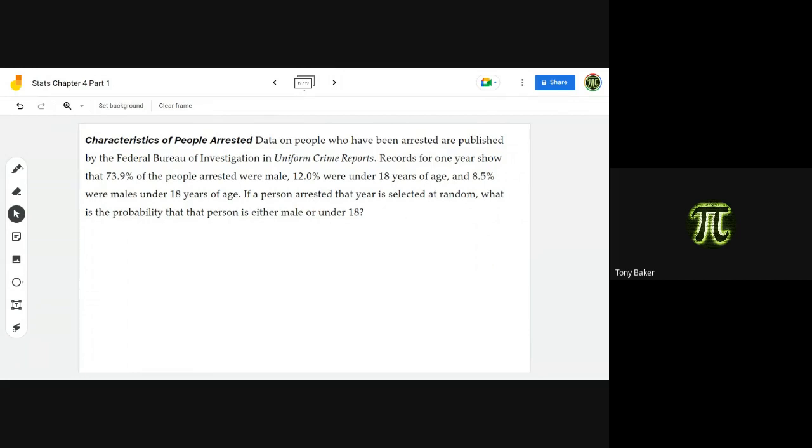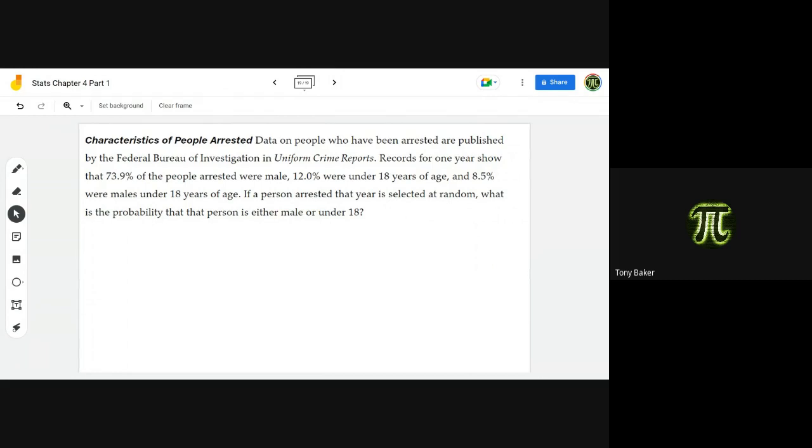So data on people who've been arrested. Arrest characteristics are published every year by the FBI, broken down by region, by state, everything else. So you can easily get all this data. This data is actually used quite a bit to look for patterns and inconsistencies. If a police department has a very high percentage of males being arrested, that is unusual compared to the national average, and there might be concerns you can look at.